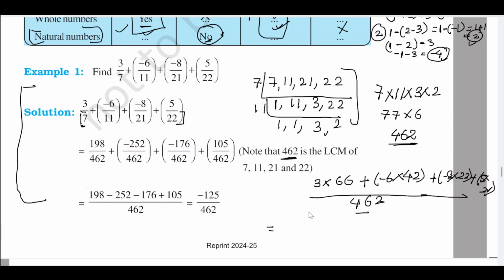So it's going to be 198 plus 9 bracket inside bracket 12 and minus 252 plus 176 minus, because the minus sign is there, plus this one was, I think, 5 into 21.